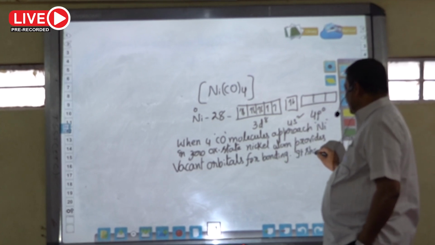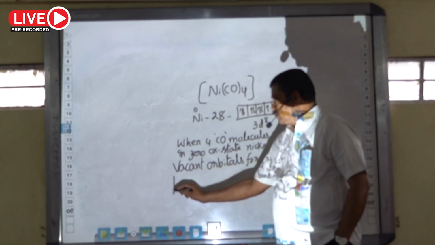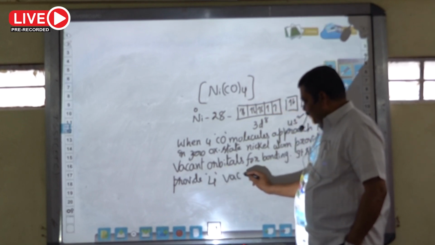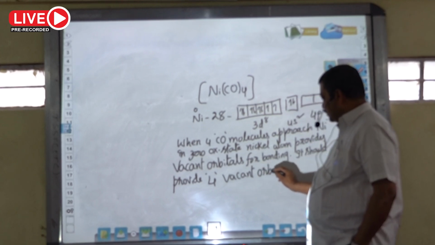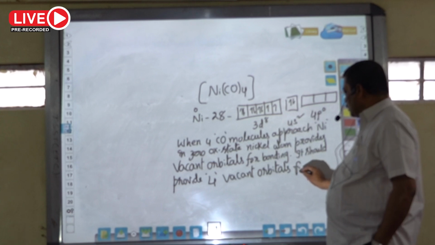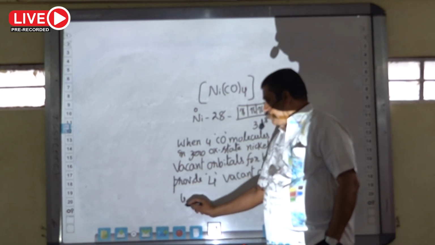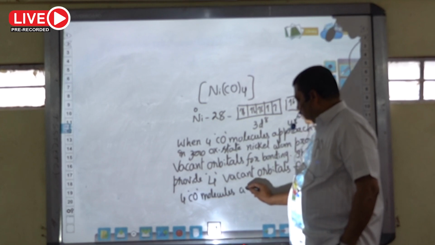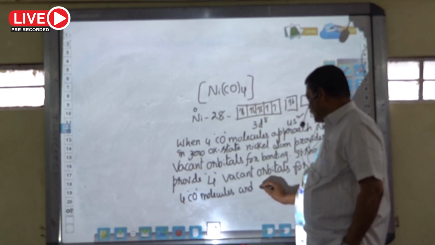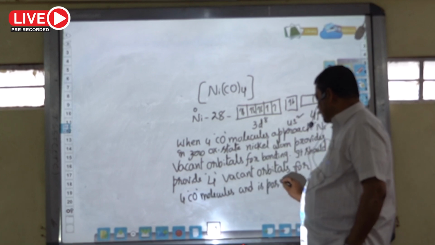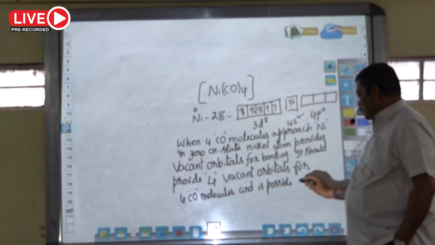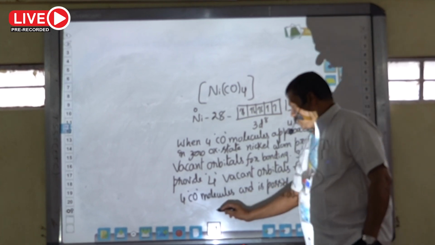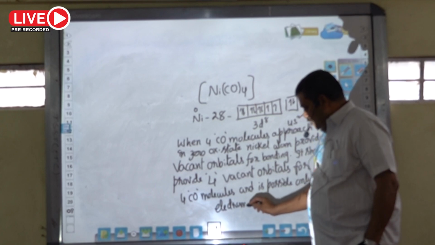It should provide four vacant orbitals for four CO molecules, and this is possible only after electronic rearrangement.